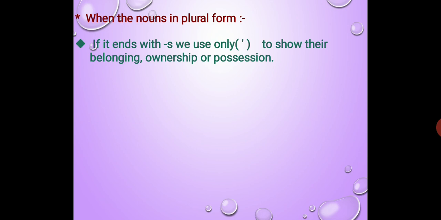Here we are going to talk about what is the possession, how to use the possession with this kind of plural form. So, we use only apostrophe. Don't use s. Let's see the examples to get clarity on the topic.